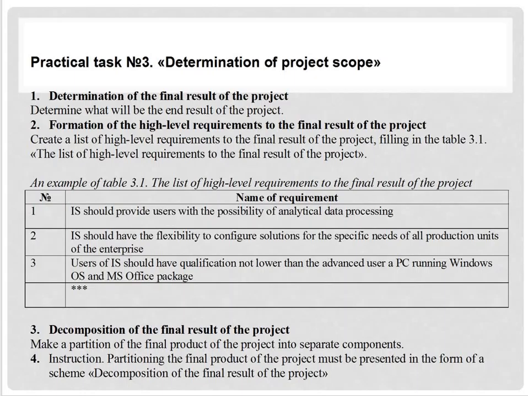Third, decomposition of the final result of a project. Make a partition of the final product of the project into separate components. Fourth, instruction. Partitioning the final product of the project must be presented in the form of a scheme.